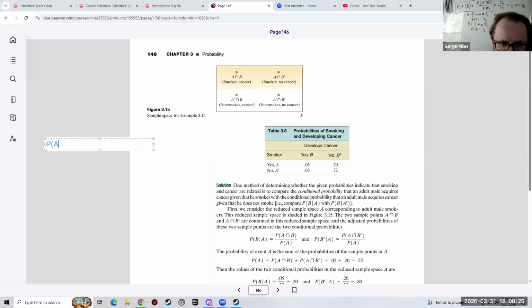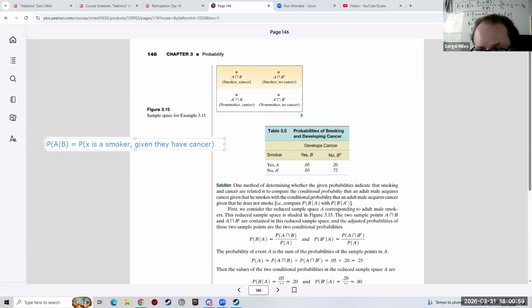probability of A conditioned on B, well, what is this really asking here? In word form, this is probability that someone is a smoker. So probability that some random person X is a smoker given they have cancer, right? Now, this table does not immediately tell me the answer to this kind of question.